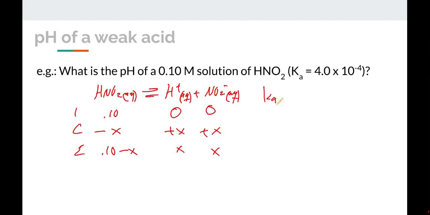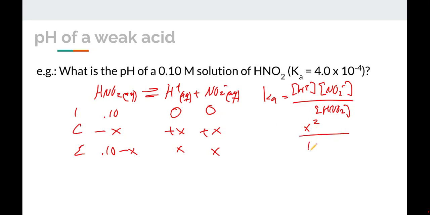So Ka, which remember is going to be H+ concentration times NO2- concentration divided by HNO2 concentration. In our chart, that's going to be X times X on the top and 0.10 minus X on the bottom, and Ka is 4 times 10 to the negative fourth. Then you may be able to simplify by eliminating the X on the denominator, or not.